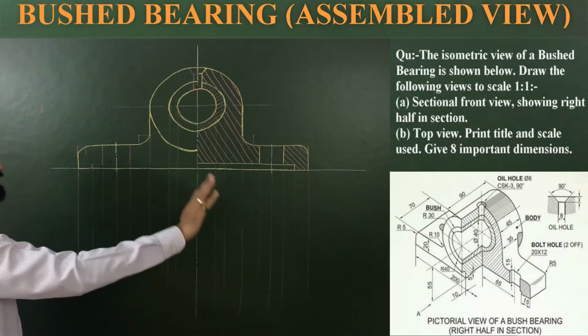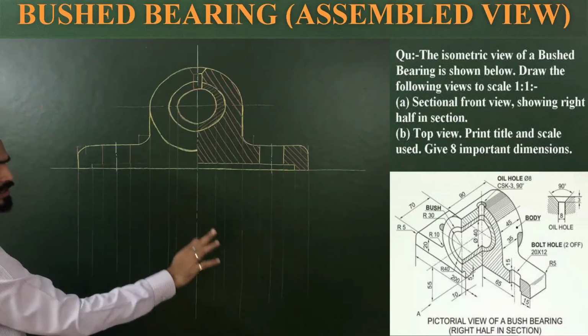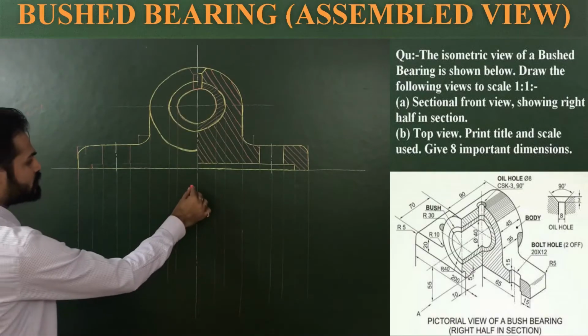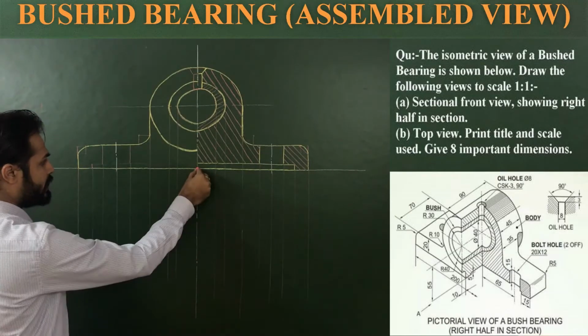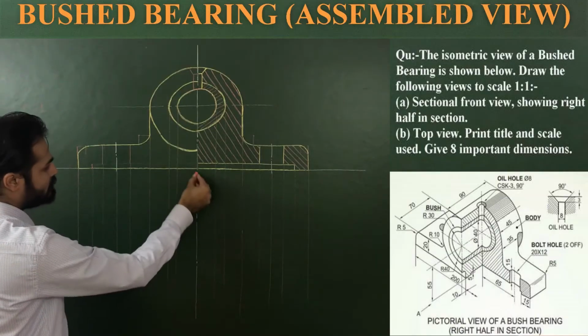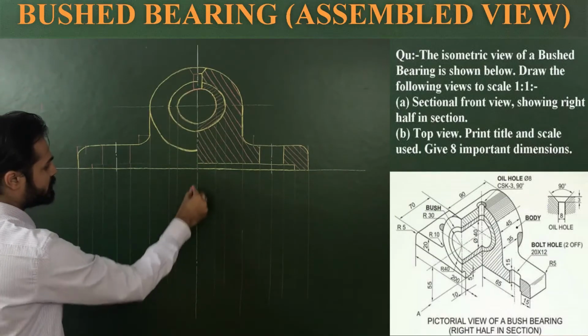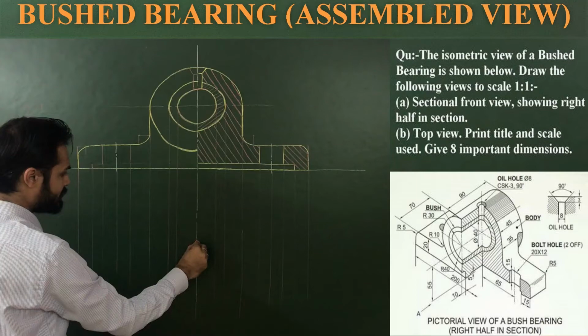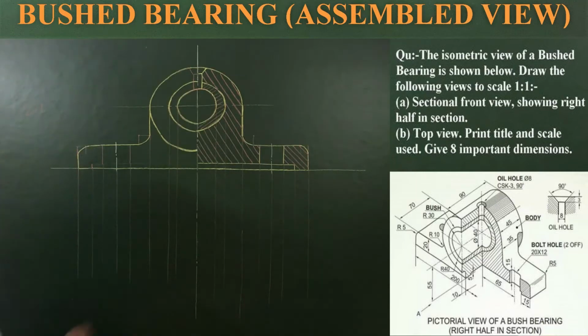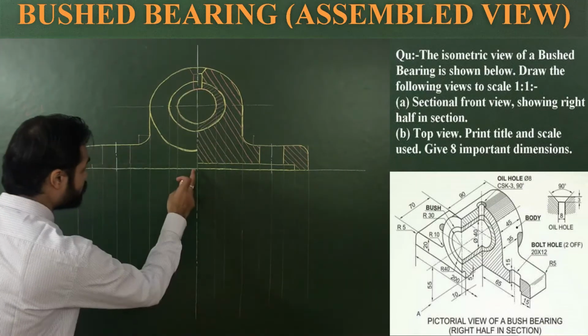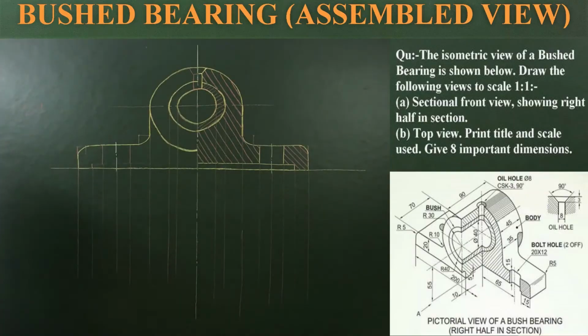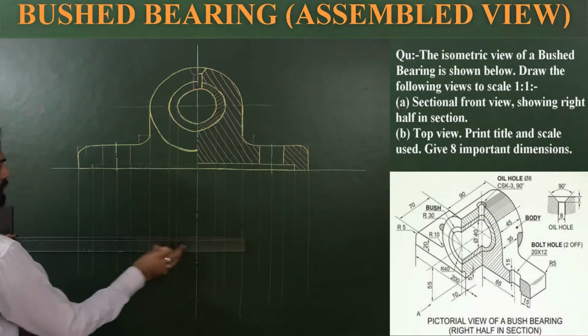So the distance of the center is around 90 by 245. So from the last edge 45, and after a suitable gap, around 55 or 60. So from this point at least 60 we should mark. So this is the point 60. From this point at least 60 or 65.